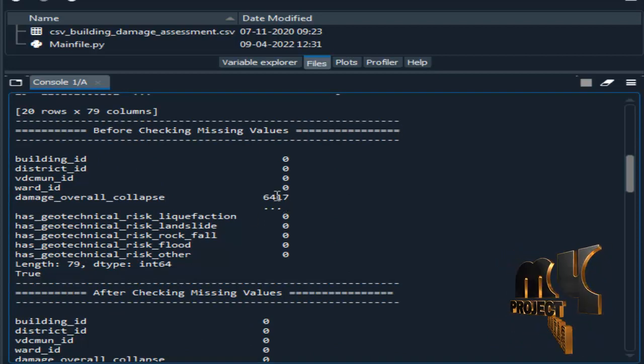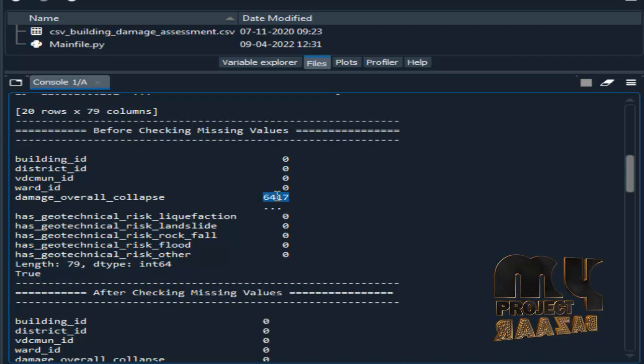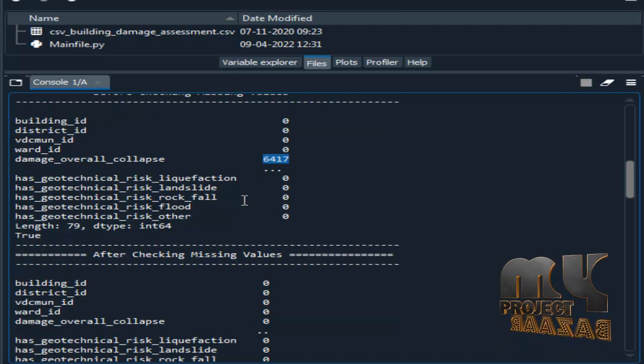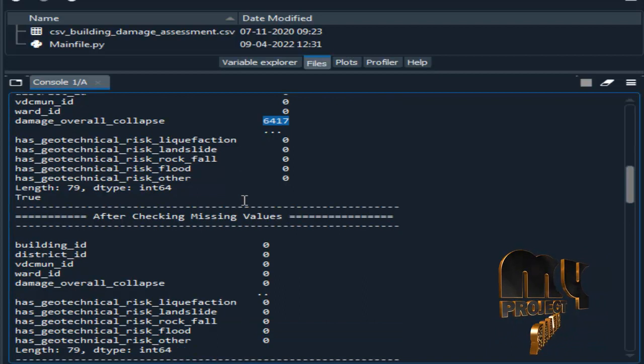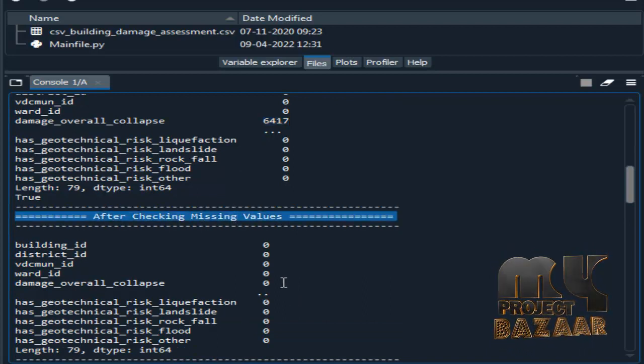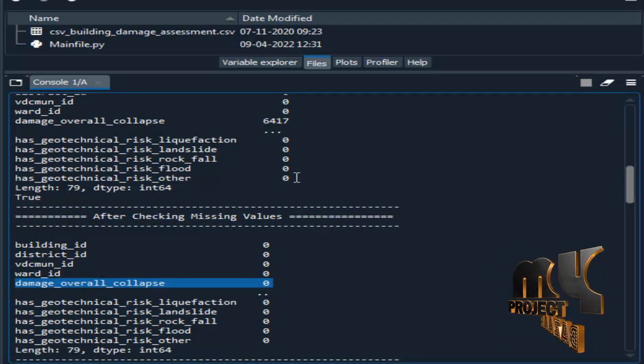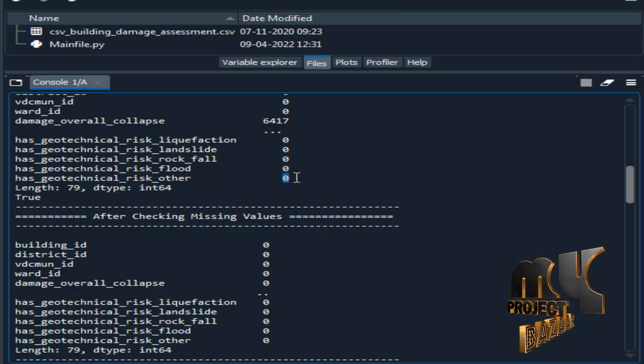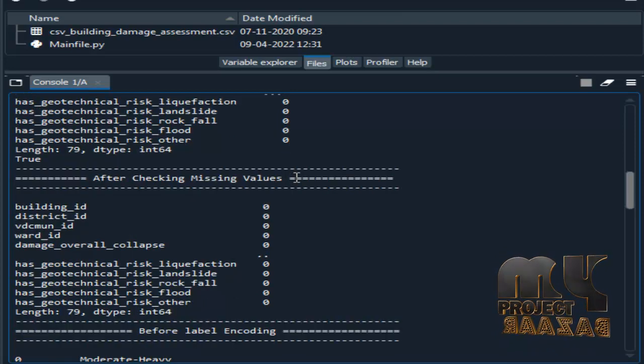In our data set there may be some missing values in a particular attribute, so we need to replace those missing values with zeros or by calculating some median values. After checking missing values, there are no missing values. The zero indicates there are no missing values in our data set because it is a count of missing values.